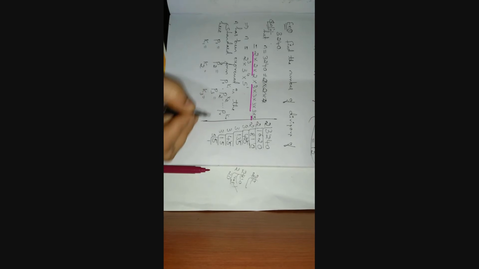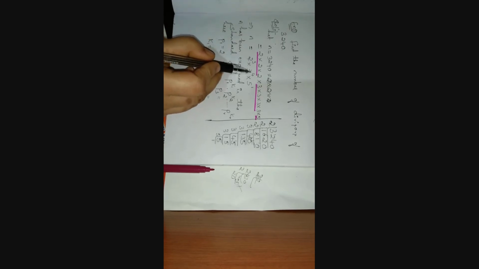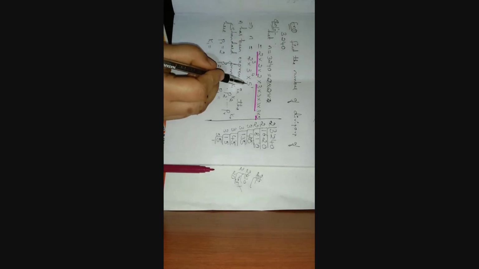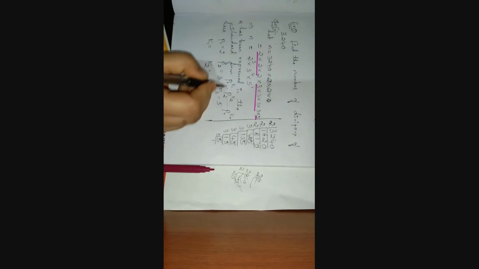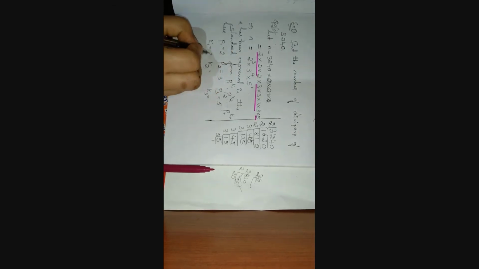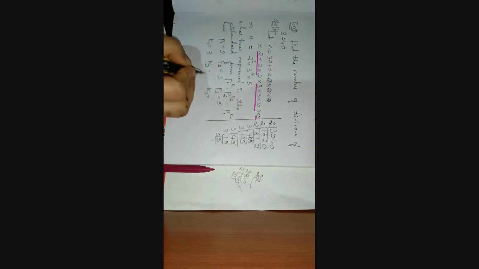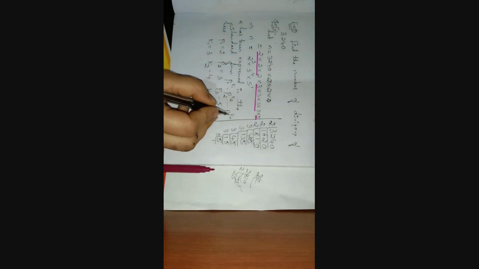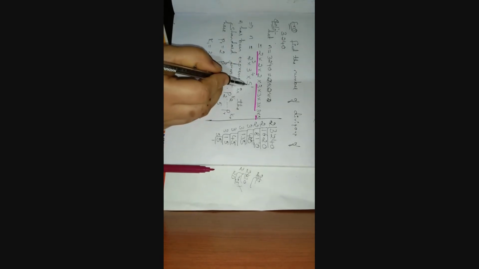Now tell me what is p1? p1 is 2. What is p2? 3. What is p3? It is 5. What is k1? k1 is 3. What is k2? k2 is 4. What is k3? k3 is 1. So I have written this.